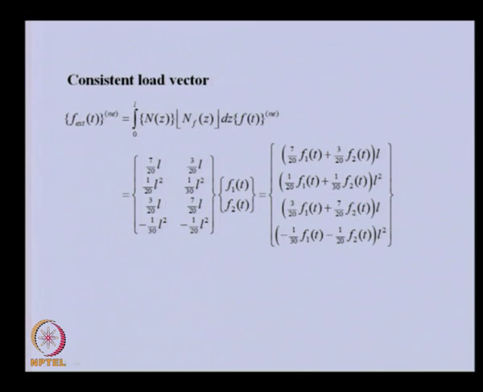This is a consistent force vector for linearly varying force. Now you can see that we can extend this analysis if the distribution is parabolic or cubic or along similar lines. Now we have obtained the force vector, and also the mass matrix and stiffness matrix.